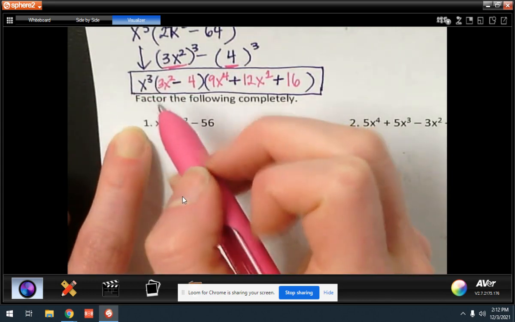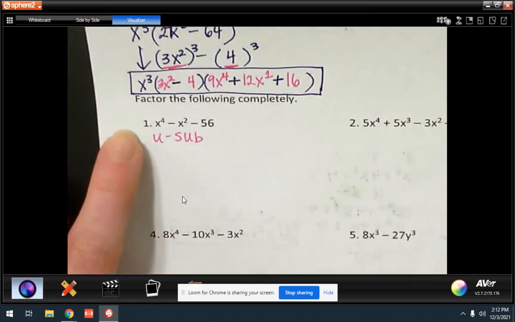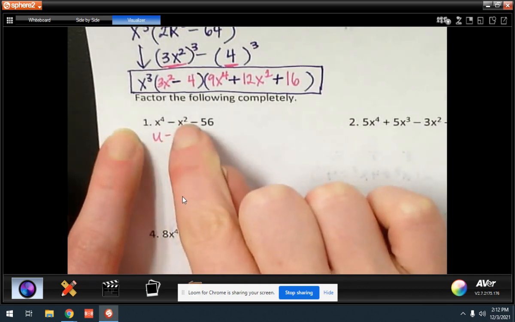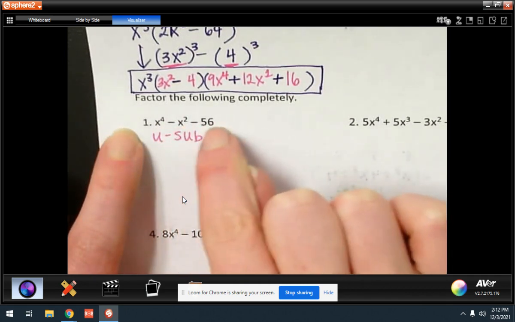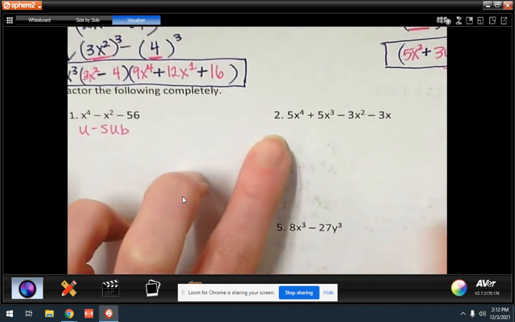Use substitution. Okay, it's got 3 terms, and so I'm immediately thinking use substitution. The first exponent is twice as much as the second, and there's a constant. So that screams use substitution. What about the second one?